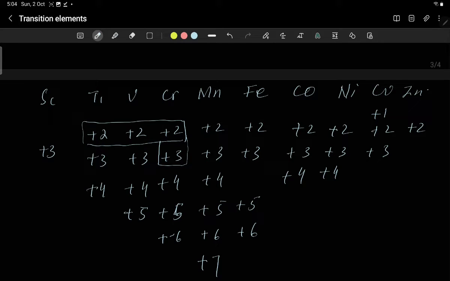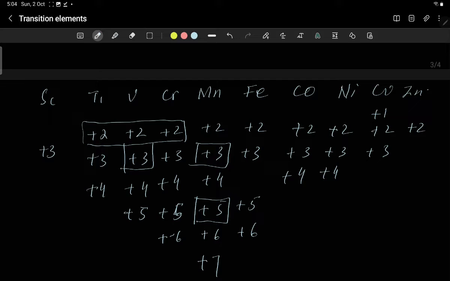sorry, vanadium, not chromium. Vanadium is uncommon plus 3. And manganese plus 3 and plus 4, 5 is uncommon.